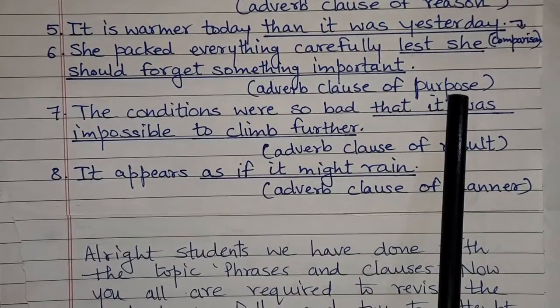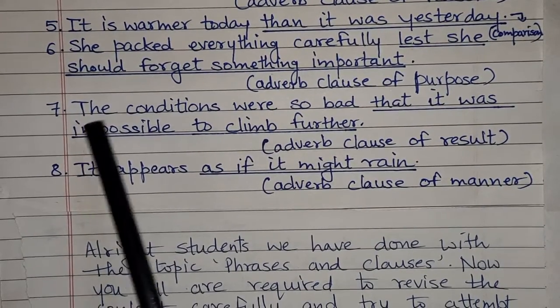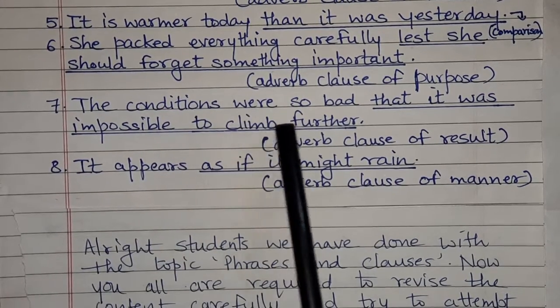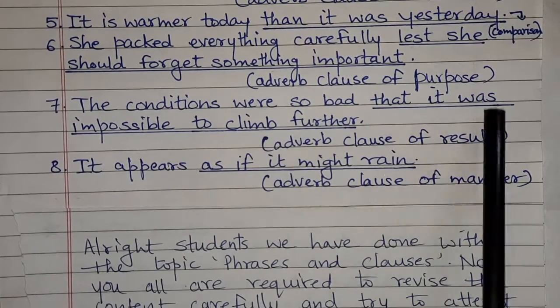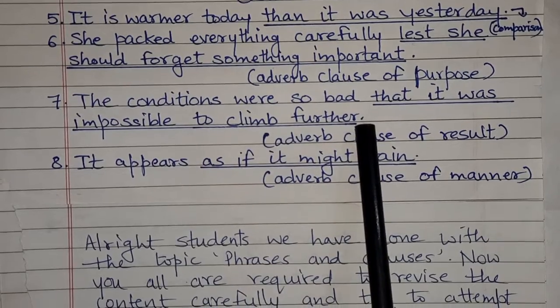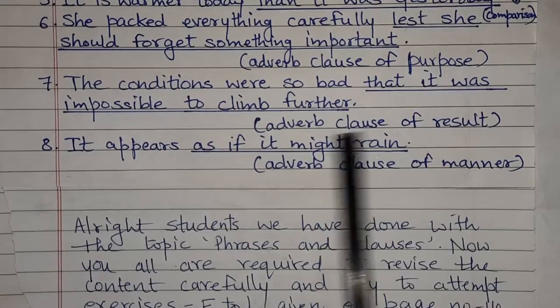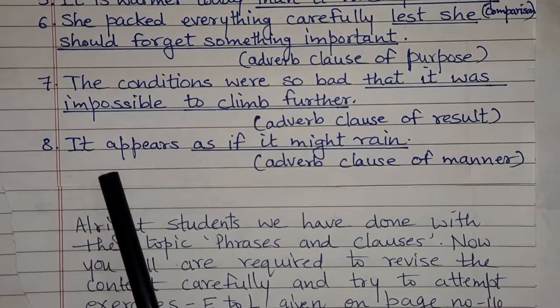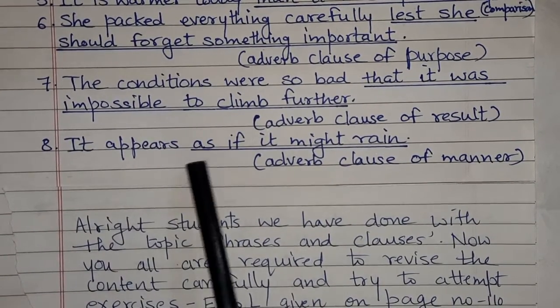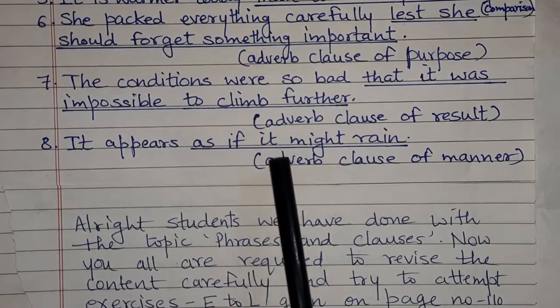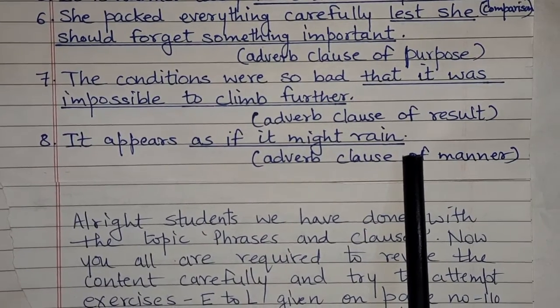Adverb clause of purpose. Then number 7, the conditions were so bad that it was impossible to climb further. Adverb clause of result. Then number 8, the last one, it appears as if it might rain. Adverb clause of manner.